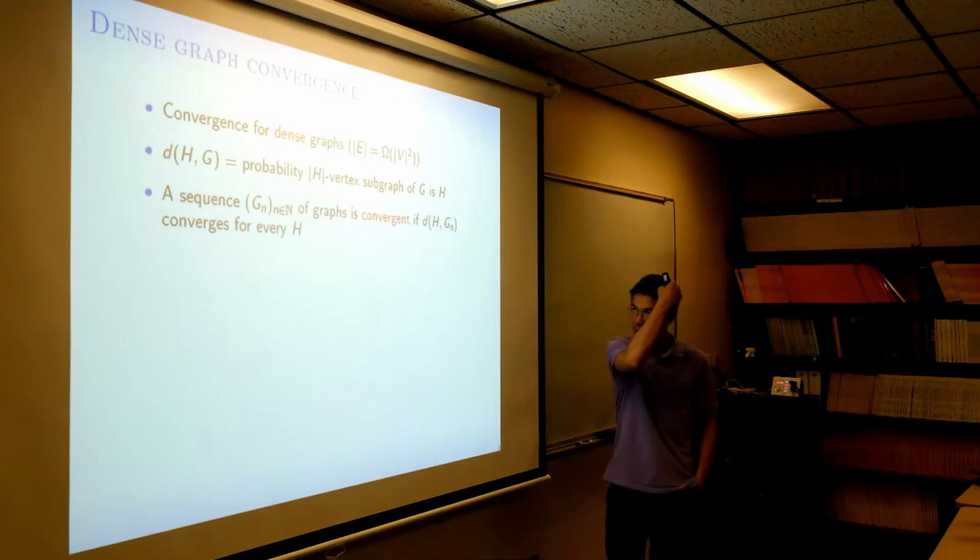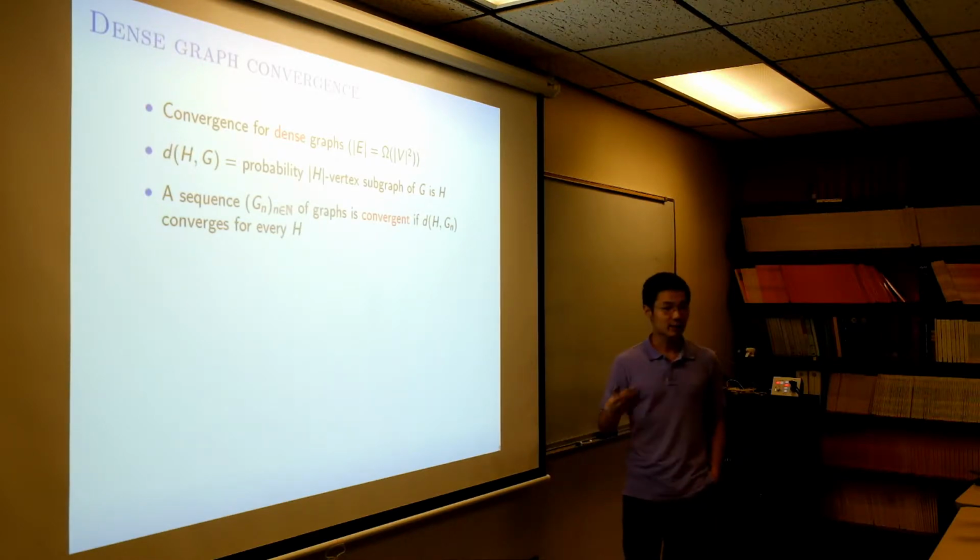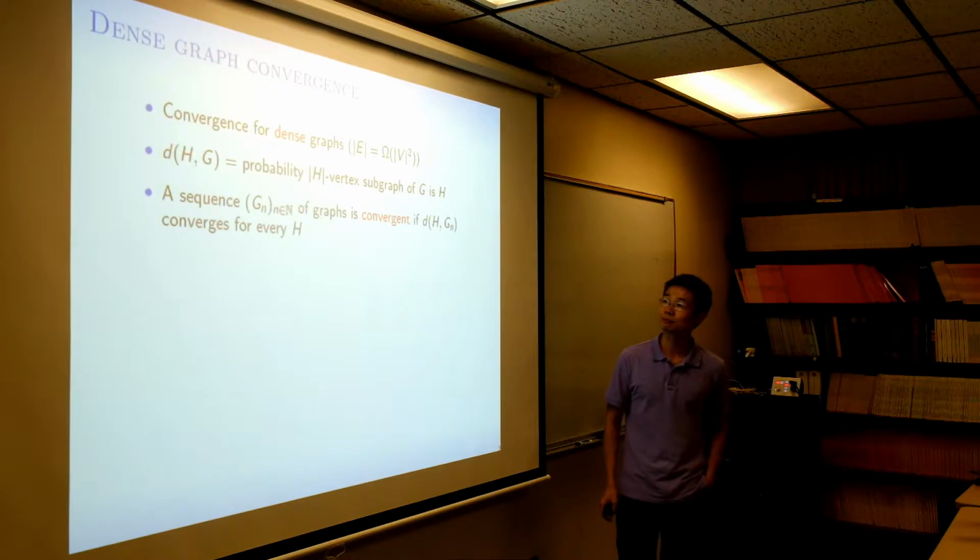So we say the limit of large graphs, right? We first want to define what the limit means, the convergence. We say a sequence of graphs is convergent if you look at the induced density, which is d(H,G). Basically, you randomly pick some vertices, and you look at whether these vertices give you the induced graph H you want.